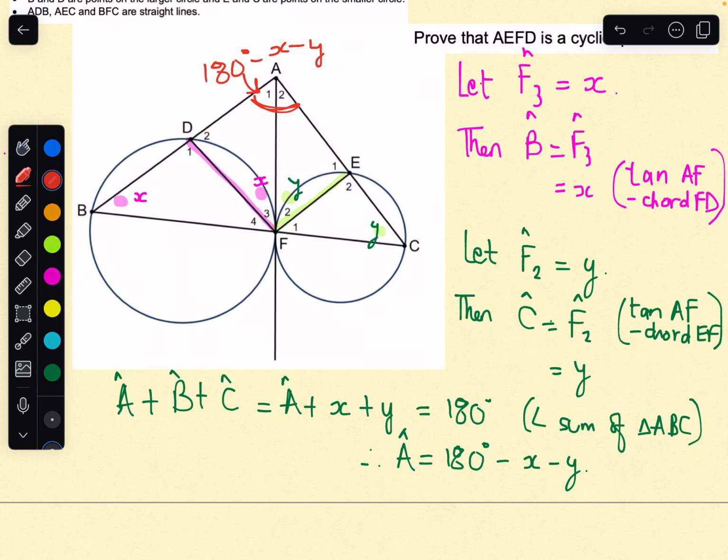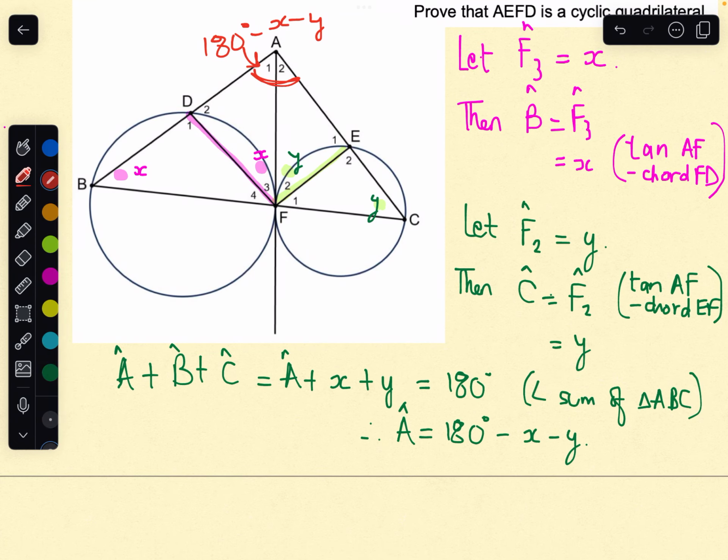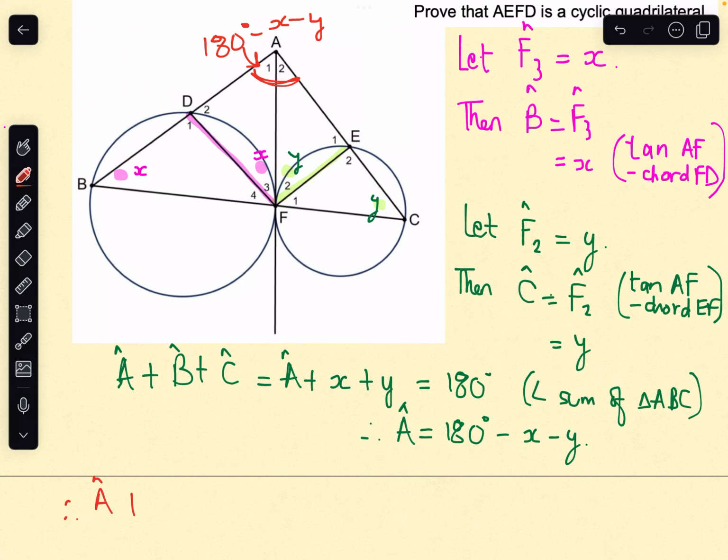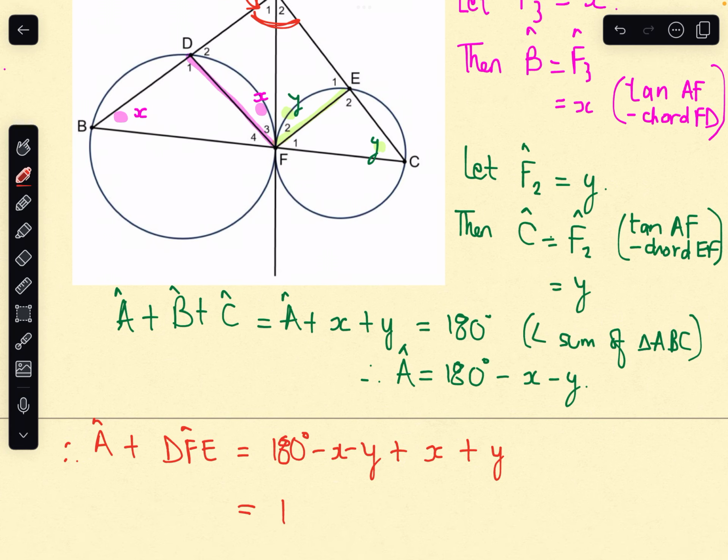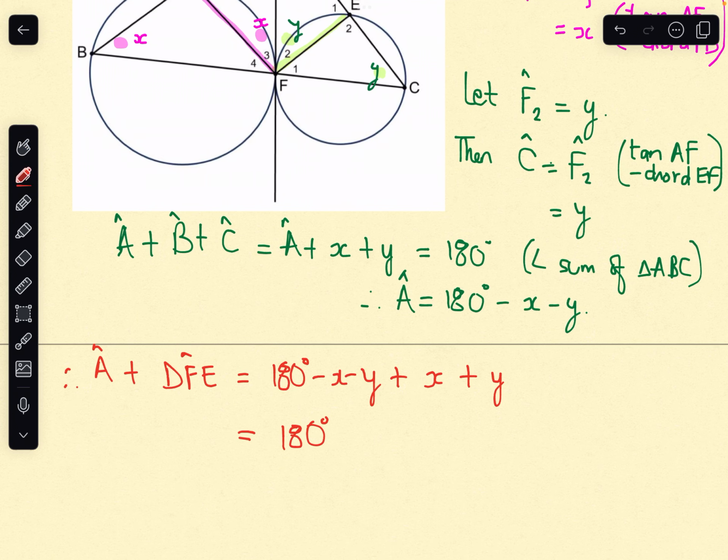Then angle A plus this angle, which is DFE, is equal to 180 degrees minus x minus y plus the pinky x plus the greeny y, and that just ends up being 180 degrees. And so we have proven what we needed to prove.